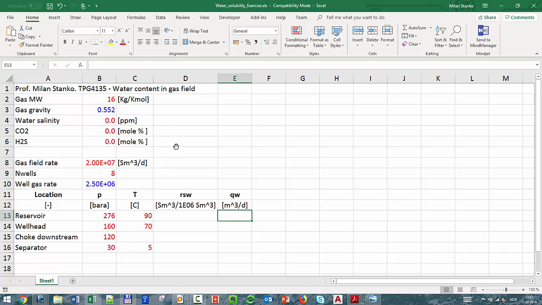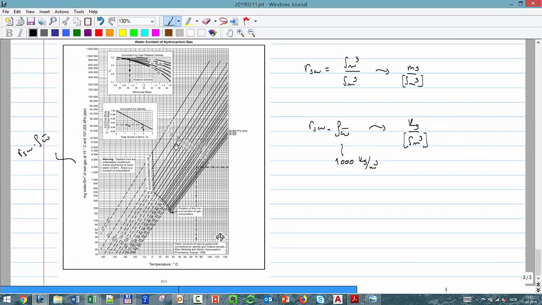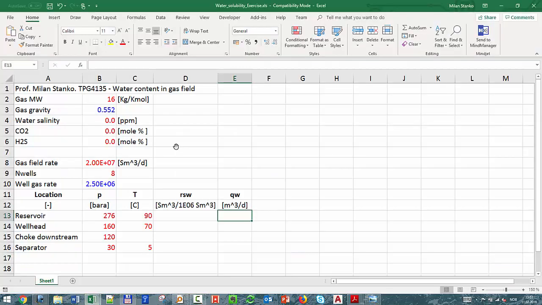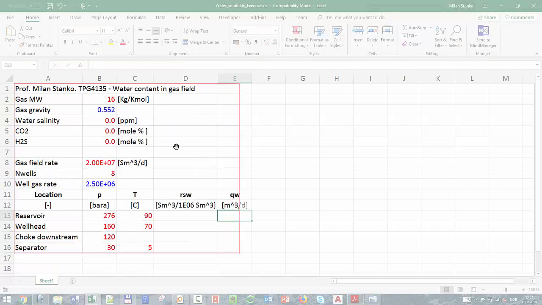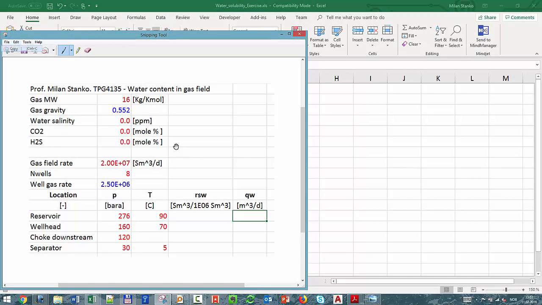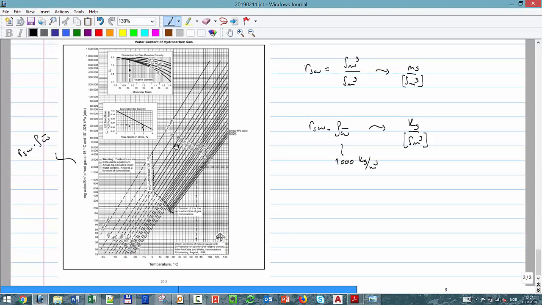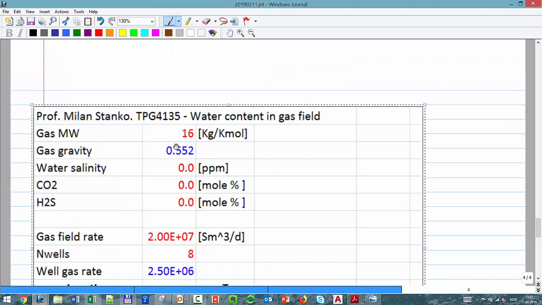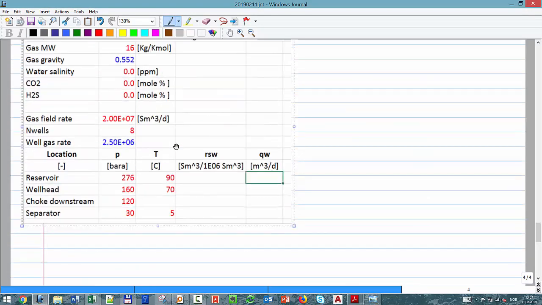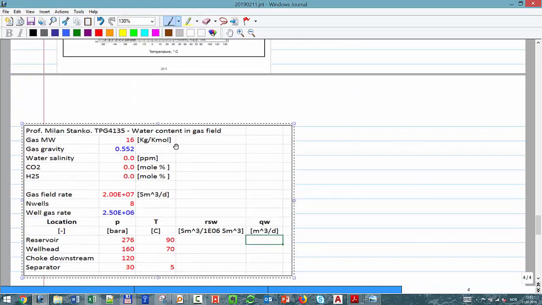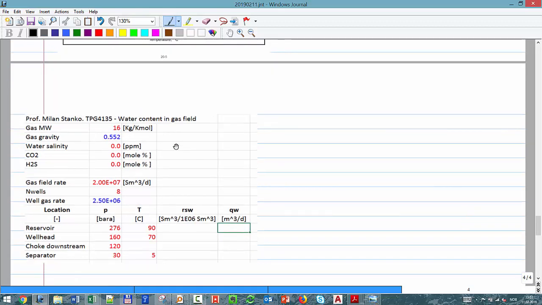So let's do first, let's say, the first point. Let's see here on the chart. Let's put here class exercise. Okay, so we go to the first point. We know that's the reservoir.